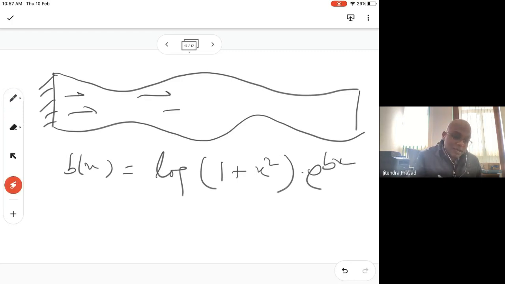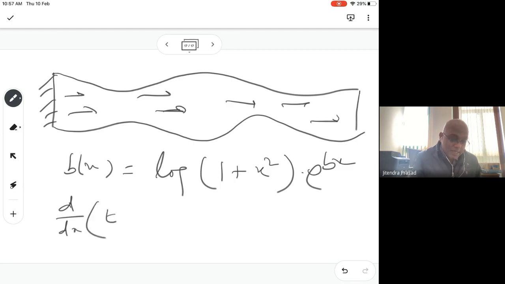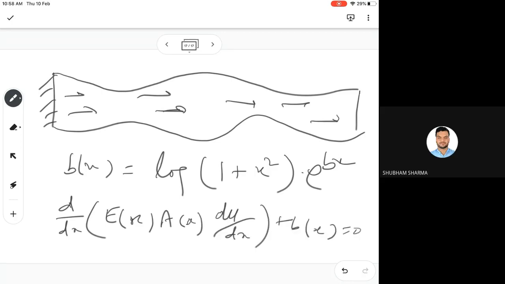So this is your body force. And this is the equation: d over dx of E, which is also varying, and A of course varying, times du over dx, plus bx equal to 0.